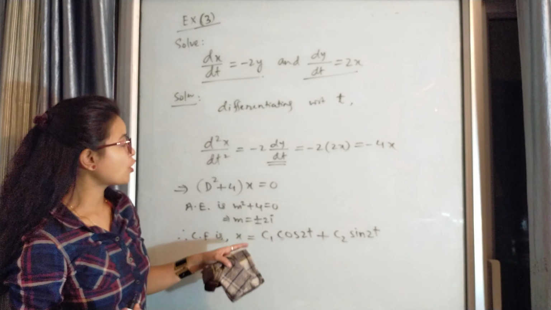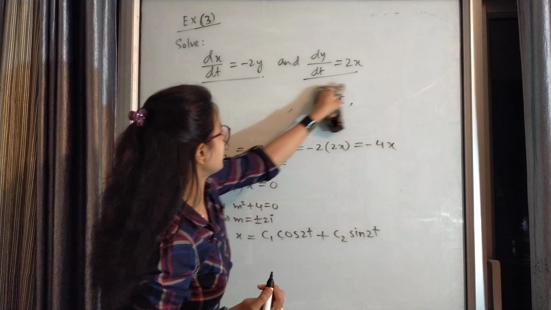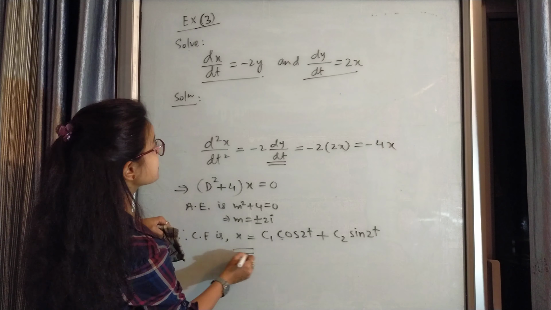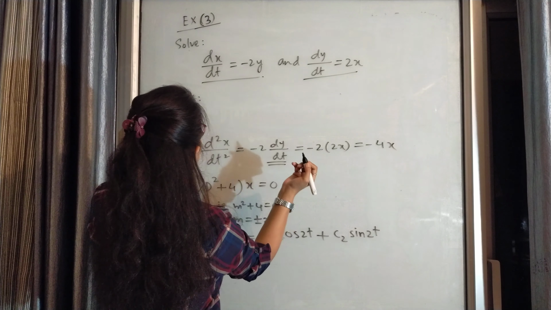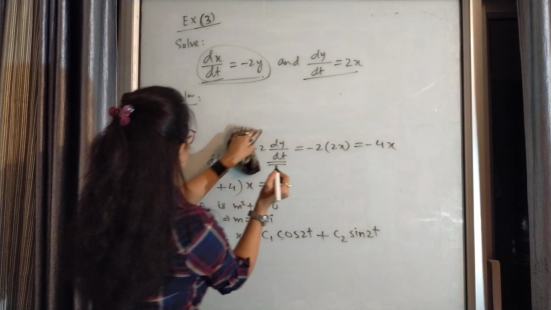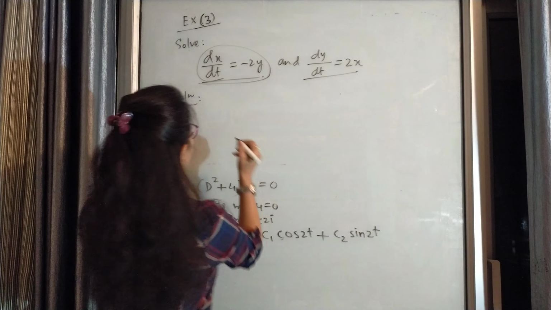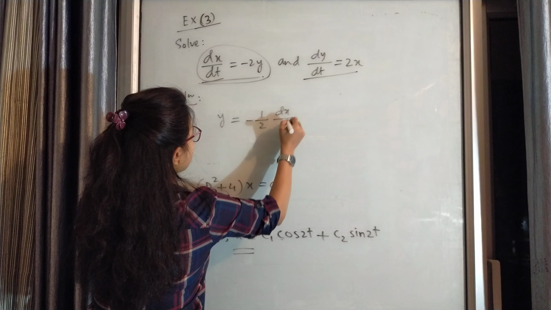Now to obtain the other dependent variable y, what we can do? We can substitute x in the equation 1 to get the y. So y will be minus half dx/dt.